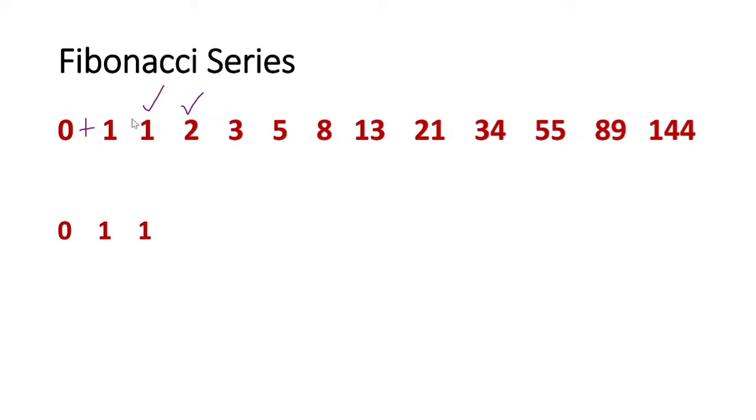This is the summation of the two previous terms, that is 1 plus 1, which is 2. Now the next term, 3, came from 1 plus 2, which is 3. Now 5 is 2 plus 3, 5. 3 plus 5, 8, and so on. So that is nothing but the Fibonacci series.